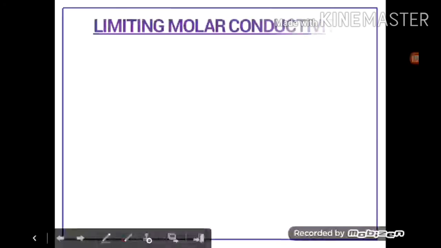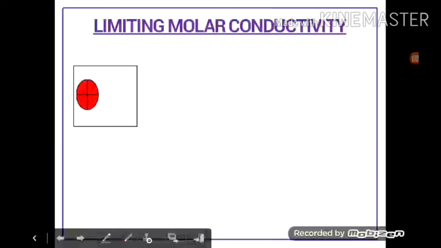So next the term is limiting molar conductivity. What is limiting molar conductivity? See, first suppose this is a particular volume of a solution. In this solution two ions are present, one is positive ion, second is negative ion. Molar conductivity is the conductance of 1 mole of solute.